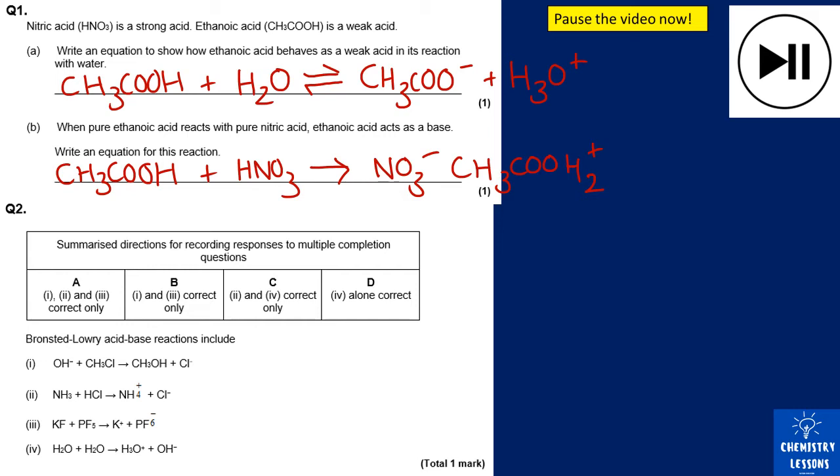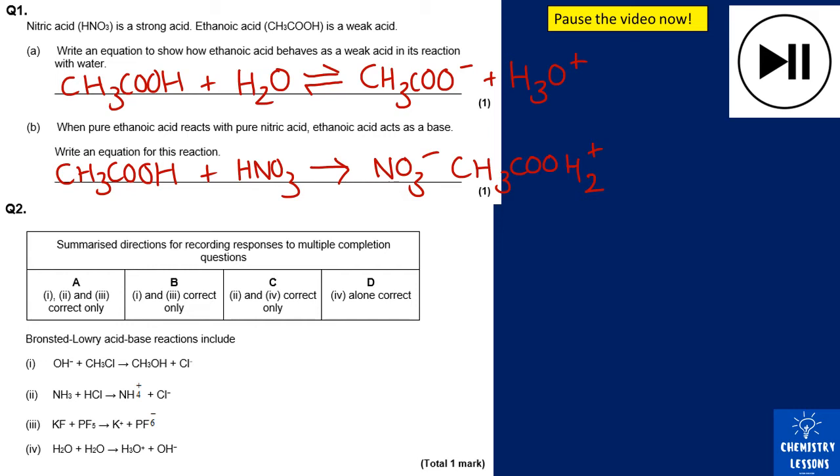So the key thing to look out for here is just the movement of the H plus, okay? They try to confuse you in questions from time to time, and you're just looking at the movement of the H plus. If something is losing a H plus, in other words, it's donating it, it's an acid, or if it's accepting it, it's a base. Or if you are told it's acting as an acid, you have to make it lose a H plus. And if you're told it's acting as a base, you need to show it gaining a H plus.